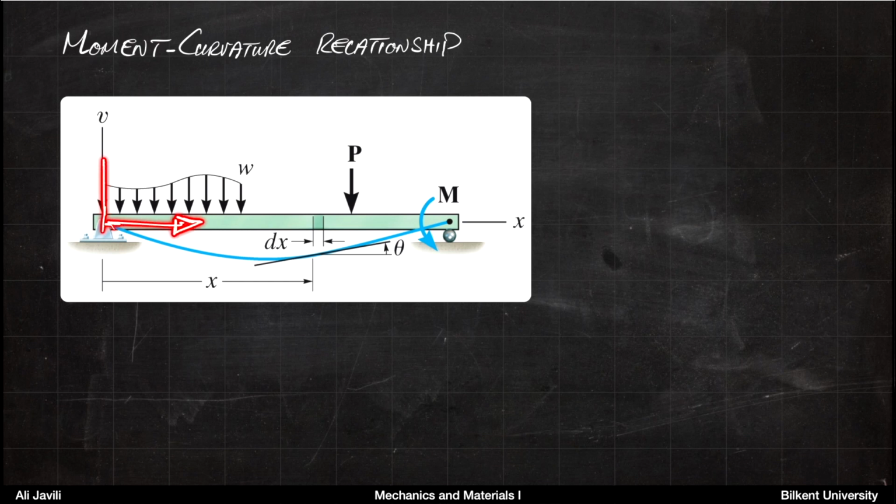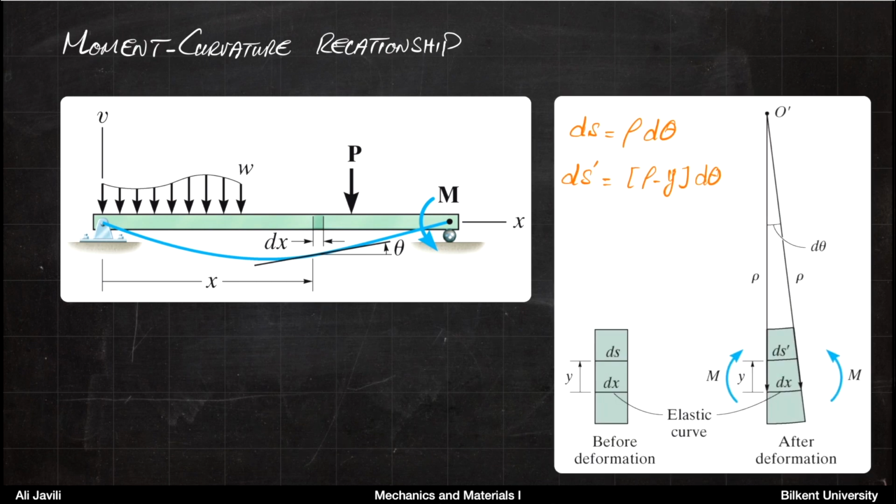The horizontal line from left is our x coordinate, and the vertical line is our deflection coordinate v. What we want to do is to take a little increment of the beam, enlarge that, magnify that, and then look at what happens inside that in order to find the moment curvature relationship.